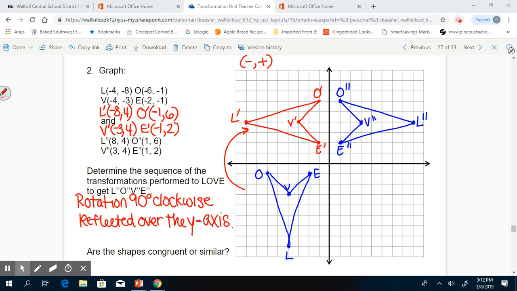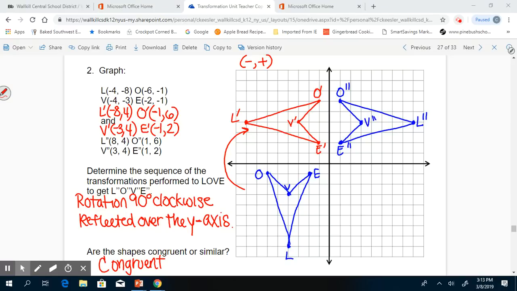And that proves, because we only did a rotation and a reflection, that these are congruent, not similar. Again, the only type of transformation that would create a similar shape is a dilation, because that is the only transformation that changes the size of the shape.